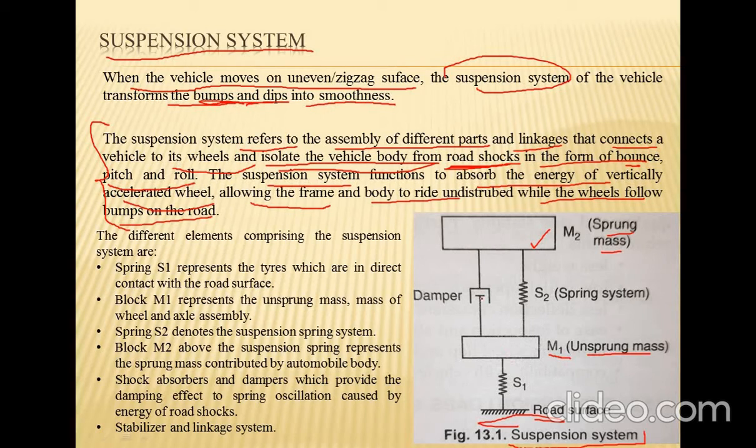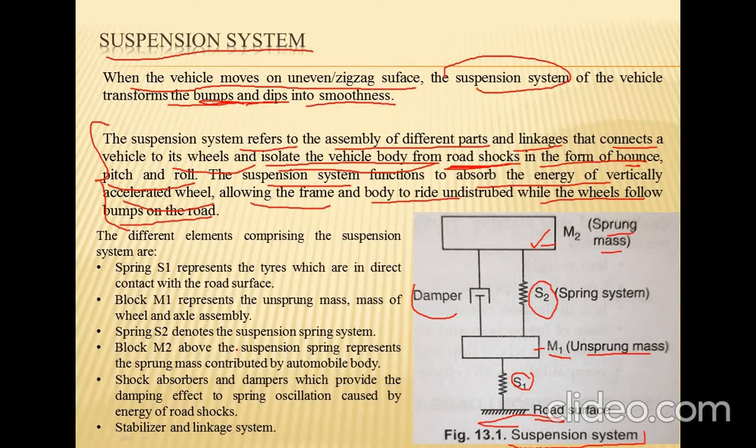The sprung and unsprung masses have dampers as well as spring systems. There are two springs: one is S1, in connection with mass m1 and the road surface, and the second is S2, in connection with mass m1 and mass m2. This diagram shows the block diagram of an automobile.